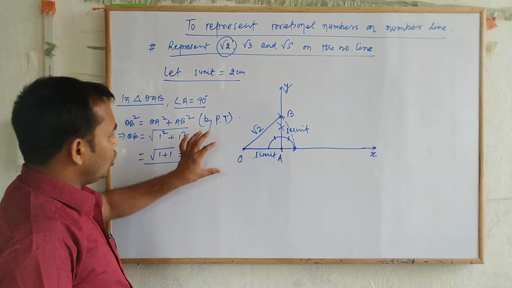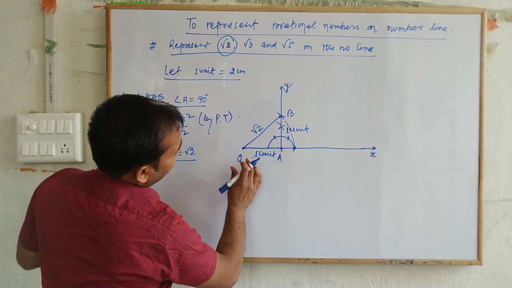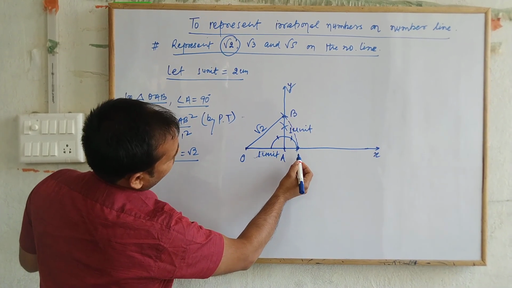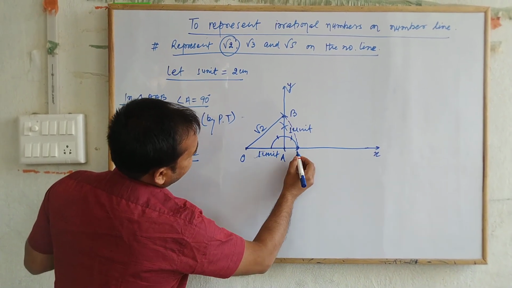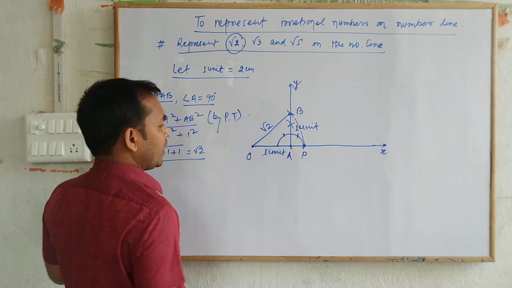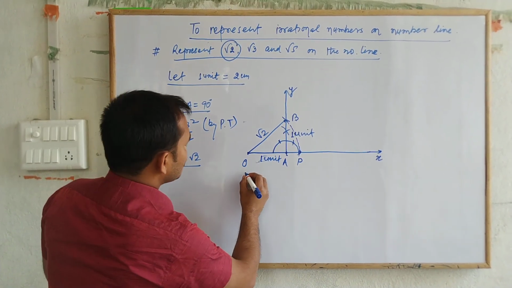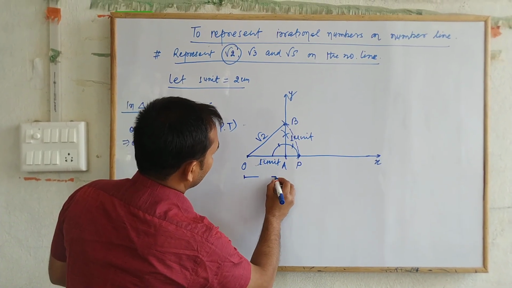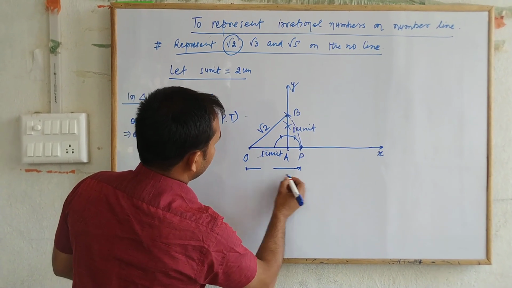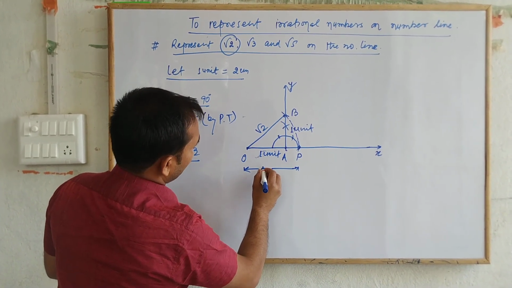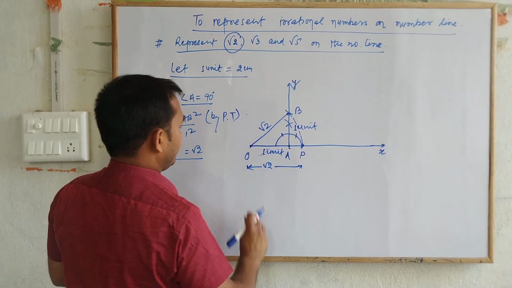We look that there is an intersection point of the arc on OX. Name this intersection point P. And so OP has the length root 2 unit.